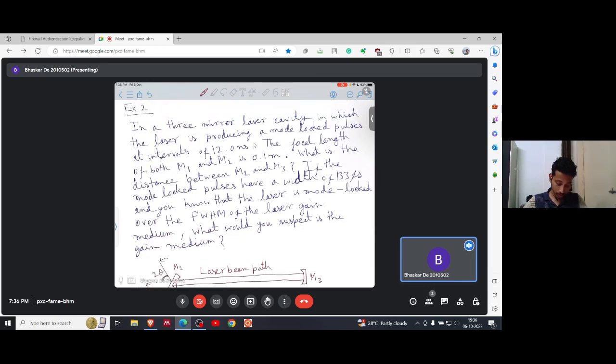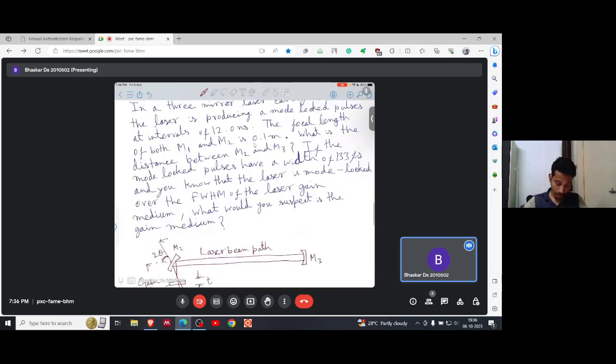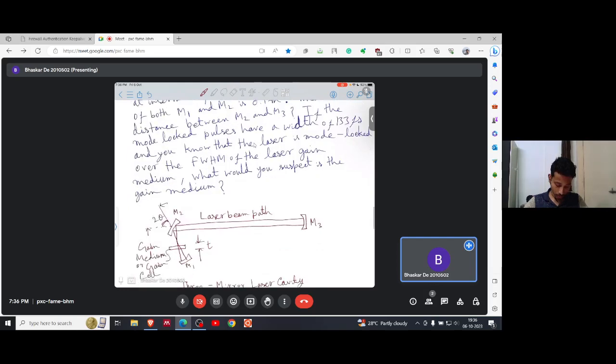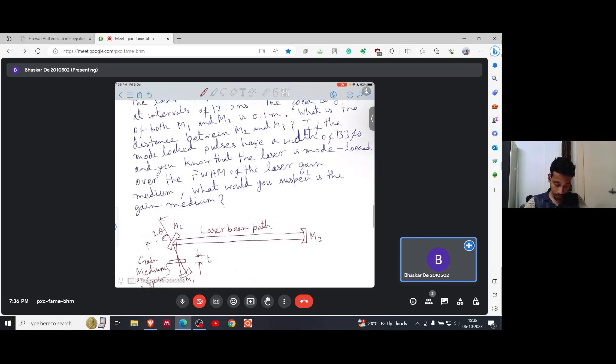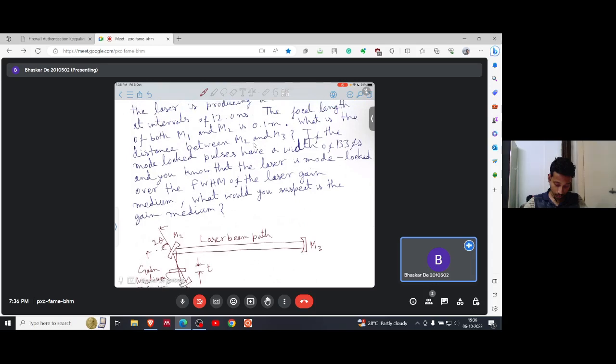Apart from all the information given here, one piece of information regards the mirrors, that is the focal length of M1 and M2, which is 0.1 meter. So we need to know the distance between M2 and M3.